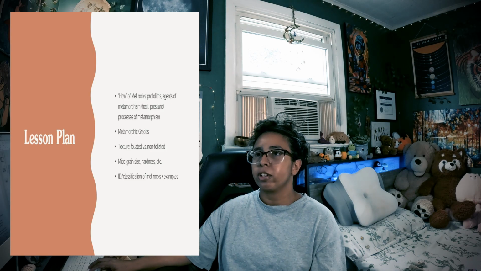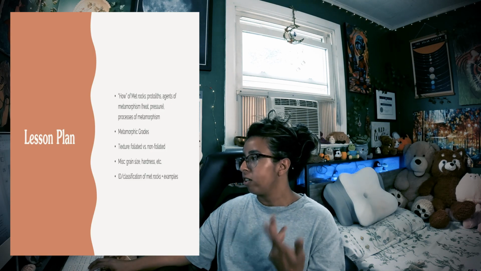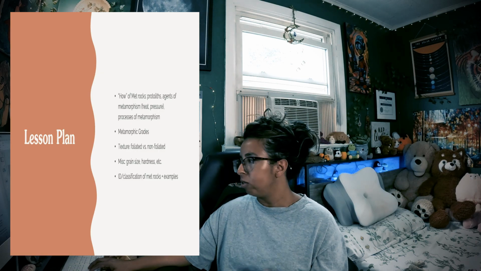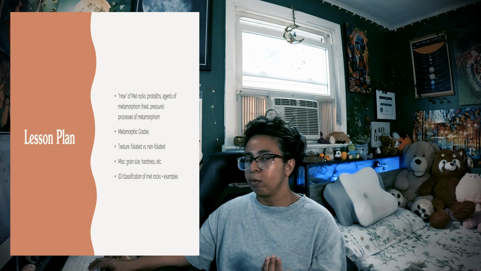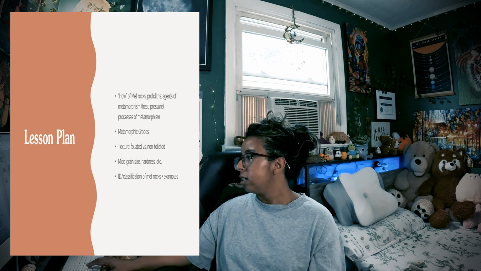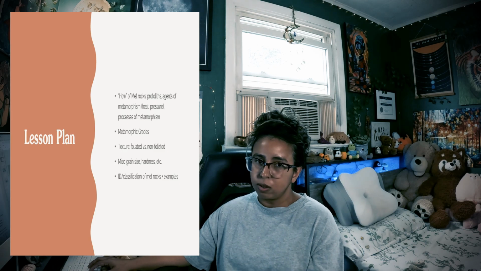Metamorphism, not metamorphosis, we're not talking about butterflies. Then the agents of metamorphism, which are just heat and pressure and any combination of. And the processes of metamorphism, like regional, contact, dynamic, etc. You guys probably don't know what I'm talking about when I say that. Don't worry, I'm going to walk you through it. You'll know at the end.